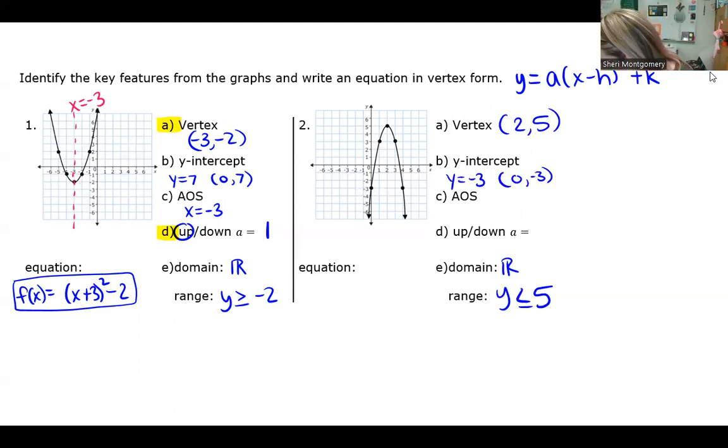It could be written either way. The axis of symmetry, it's going to cut through the middle of my graph. Yep. x is equal to 2.